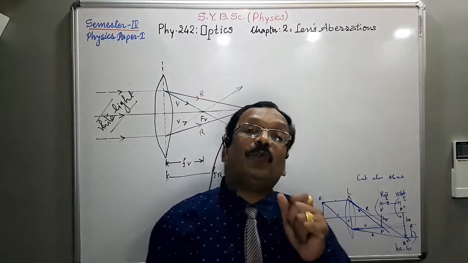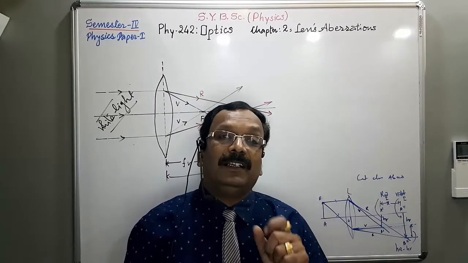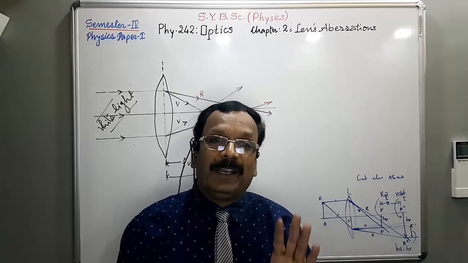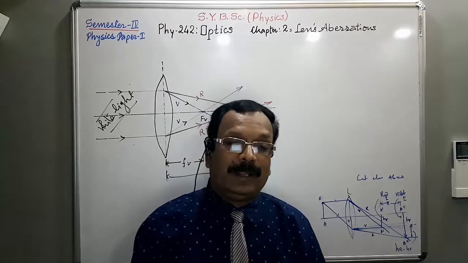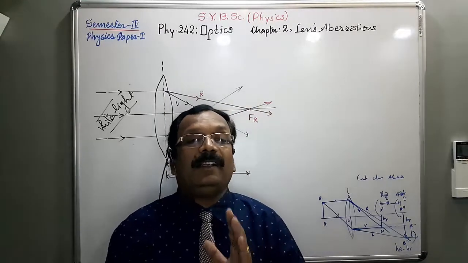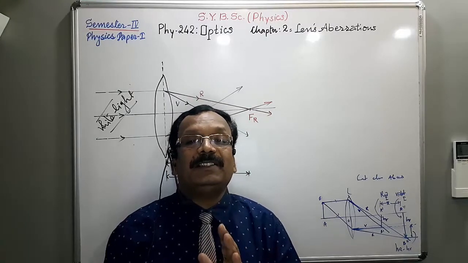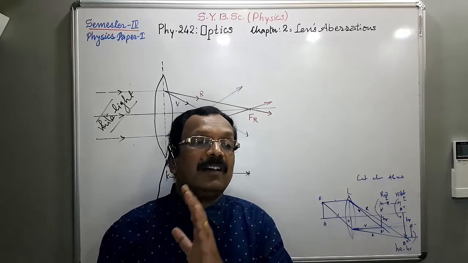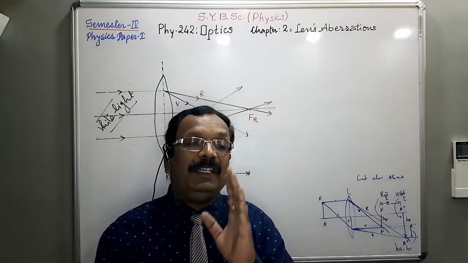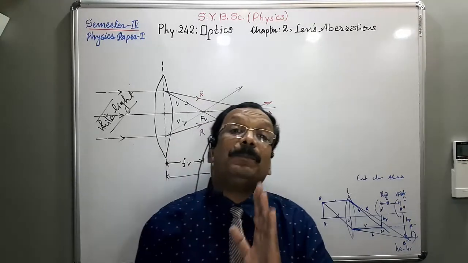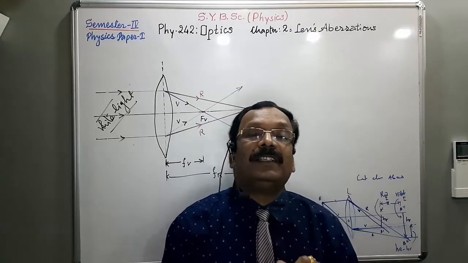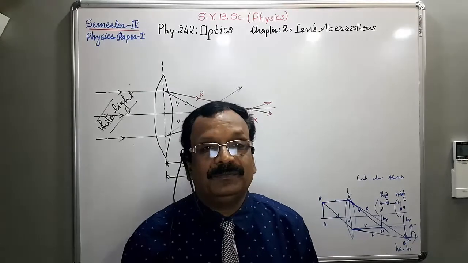The rays of white light, for example rays of a mercury vapor lamp, after refraction through the lens form a number of colored images of different size at different positions, and this defect is known as chromatic aberration.